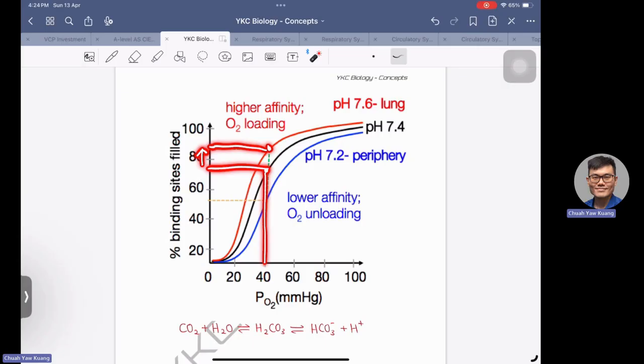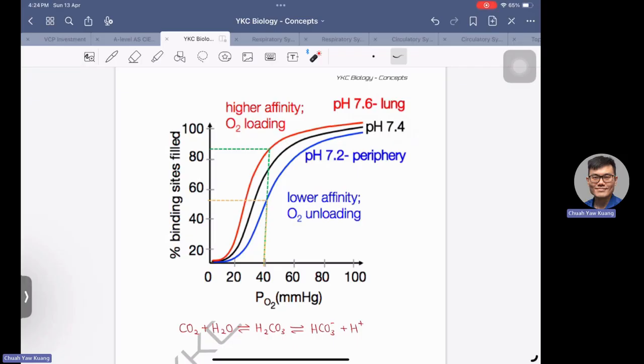How can we explain this? When the partial pressure of carbon dioxide is lower, this means that the hydrogen ion concentration in the red blood cell is lower. And this will cause the pH to increase or become more alkaline.